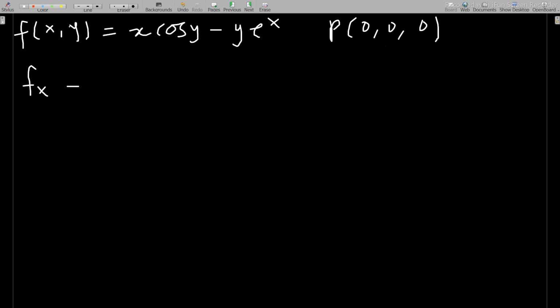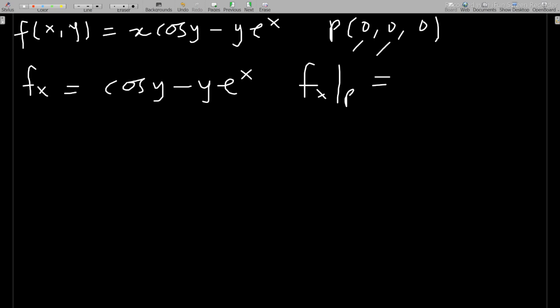Now f_x is simply differentiating with respect to x, and that will give us cos y minus y e to the x. Now you have to evaluate at P. Wherever you see x and y in f_x, you put these values in. When you put x equals 0 and y equals 0, we get f_x at P to be 1.